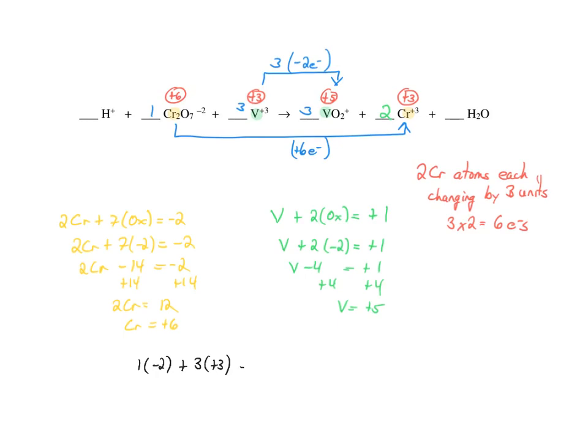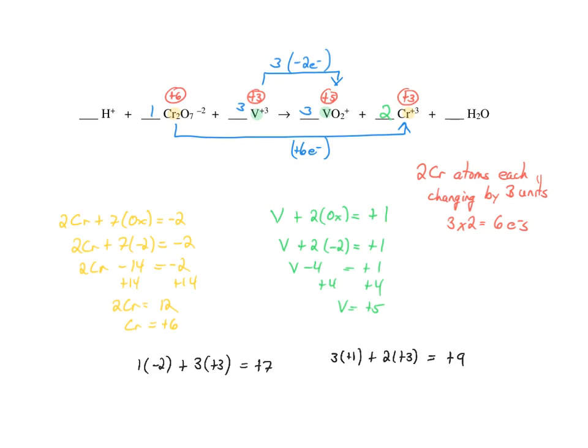So we're going to have a net charge of +7. On the product side, we have 3 +1 ions plus 2 plus 3 ions. So you have 3 plus 6, a +9 on the product side.